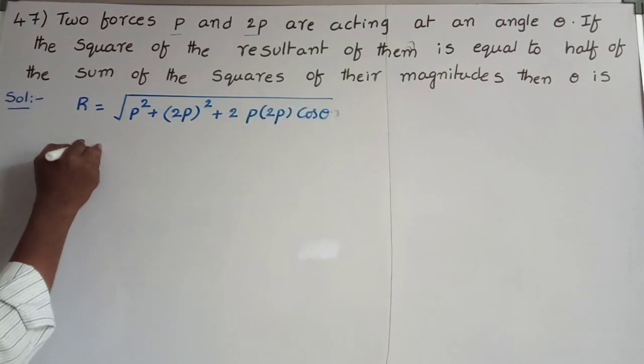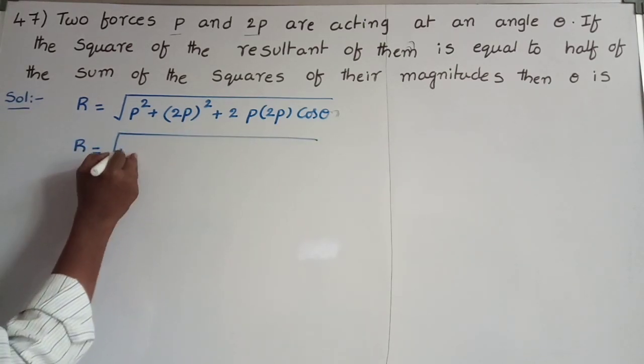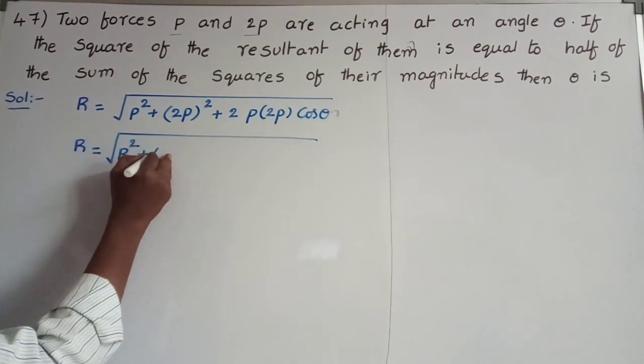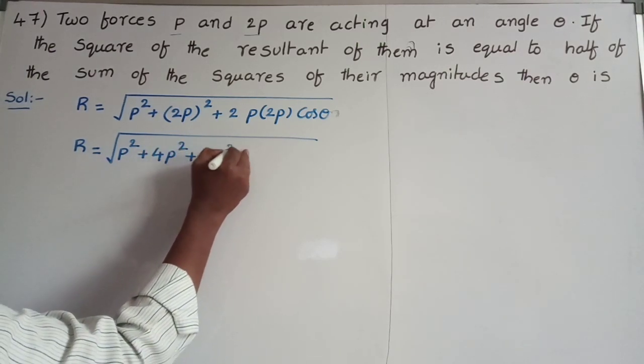That is, R is equal to under root of P square plus 4P square plus 4P square cos theta.